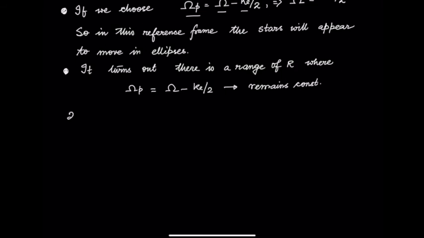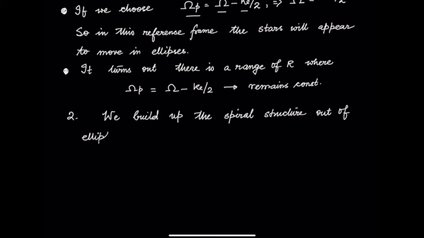Second part is, we build up the spiral structures out of elliptical stellar orbits.